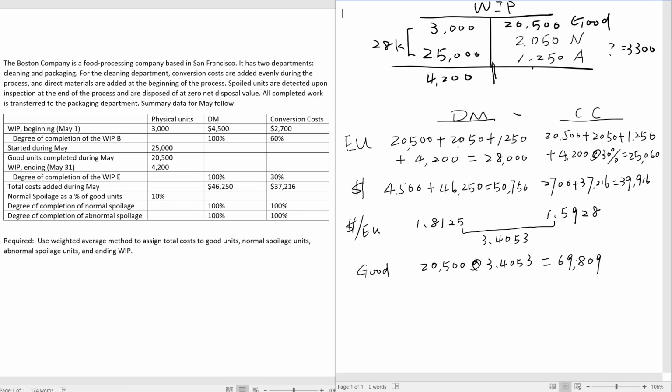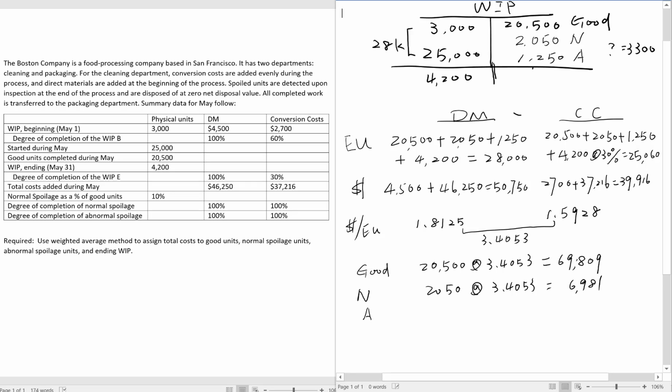Costs assigned to normal spoilage units are 2,050 units times 3.4053 equal to 6,981, rounded to dollar.